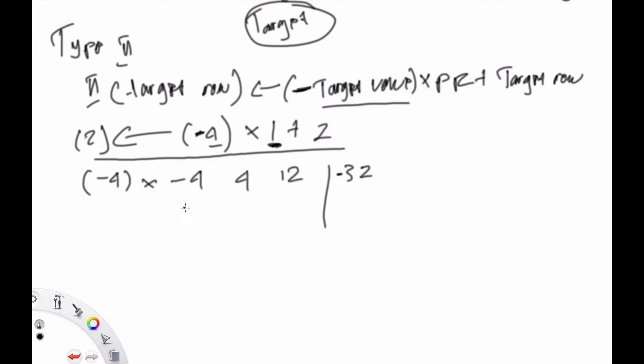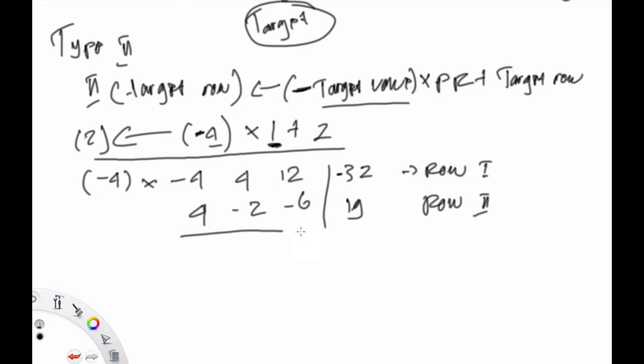That is for row 1. For row 2, this one is 4, -2, -6, and here is 19. Then we add these for the sum.